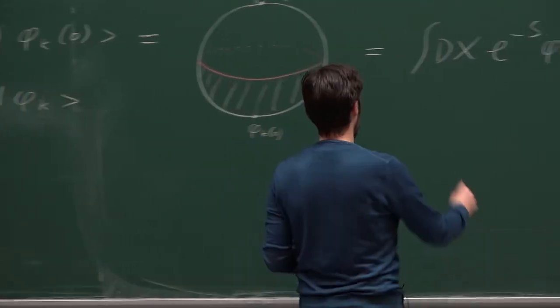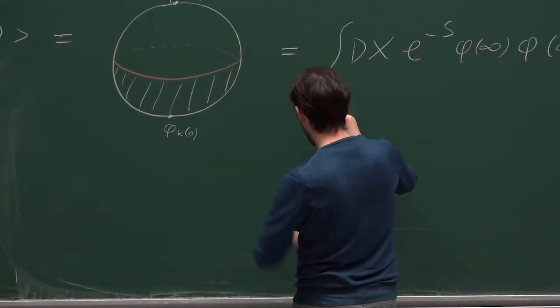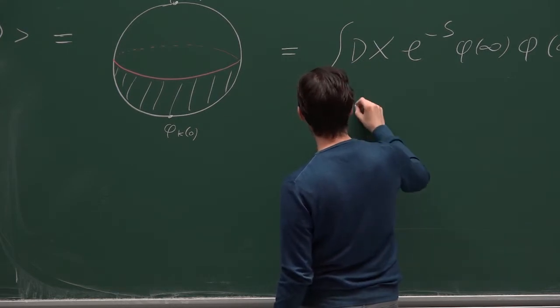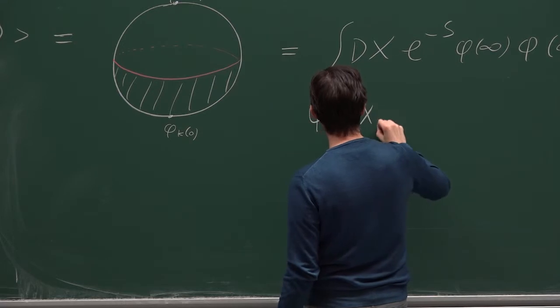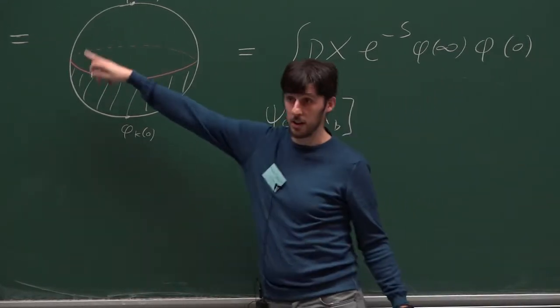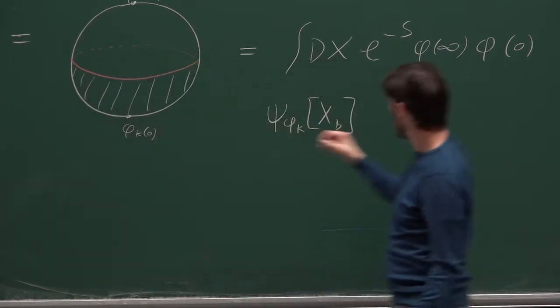So let me do it a bit more explicitly. I can define an object, like a wave function associated with the state k, which will be a function now of the boundary fields on my equator.